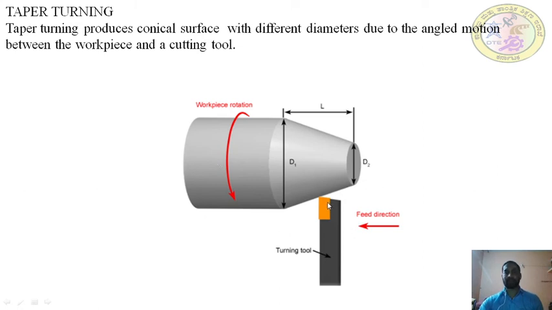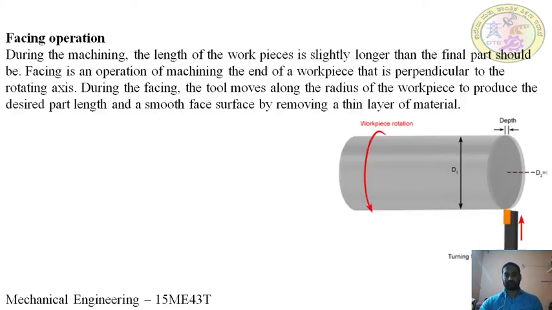There are different methods for taper turning, such as the form tool method, tailstock set-over method, or compound rest swiveling method, depending upon the length of the taper required.